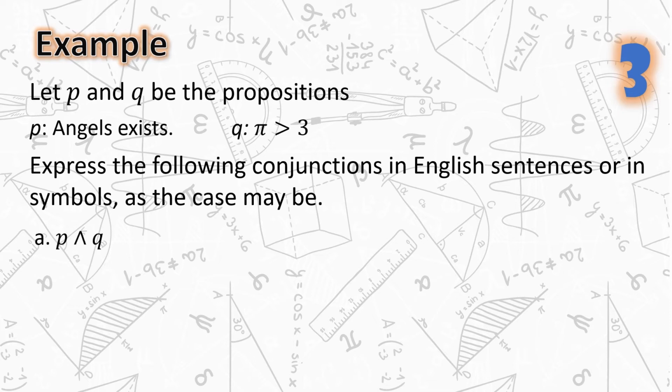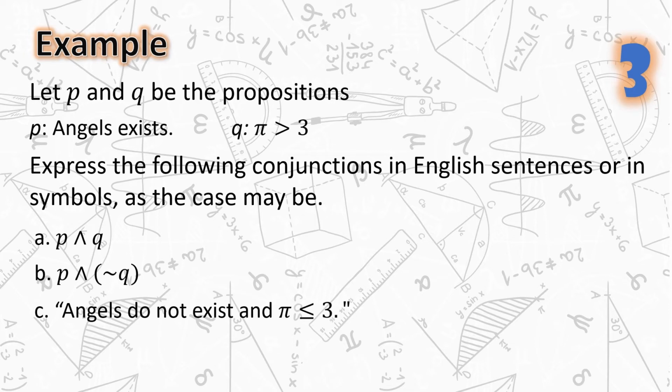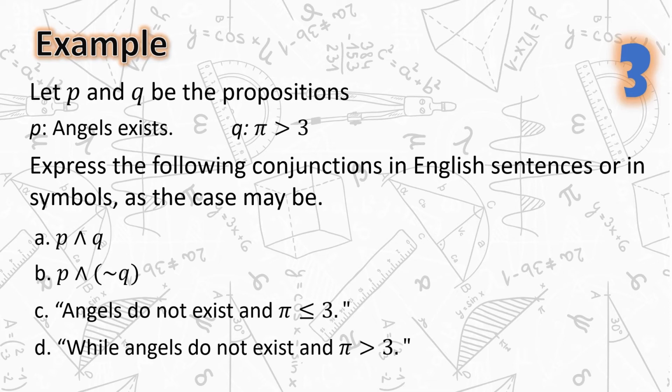Letter A, P and Q. Letter B, P and not Q. Letter C, angels do not exist and pi is less than or equal to 3. Letter D, while angels do not exist and pi is greater than 3.